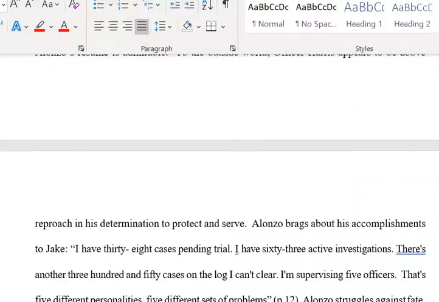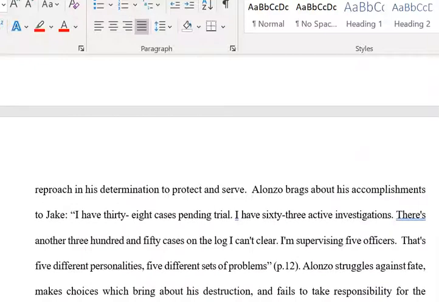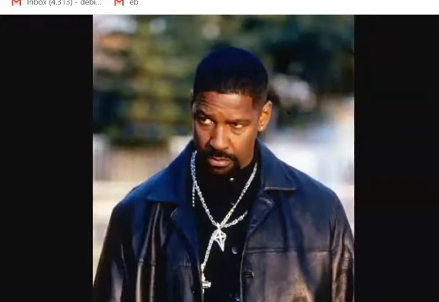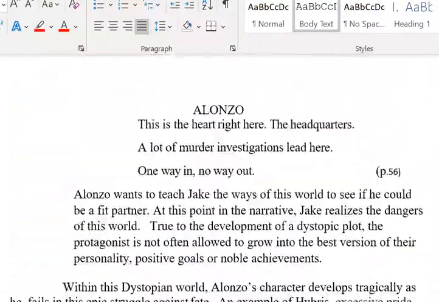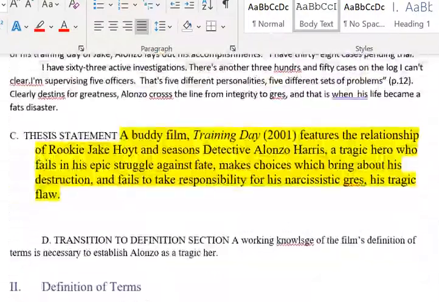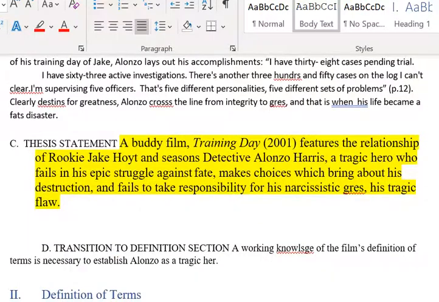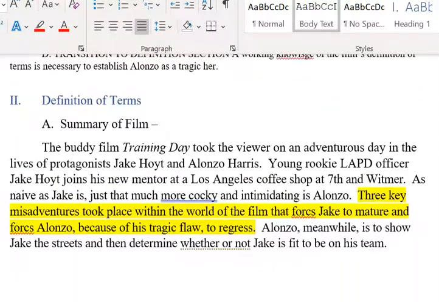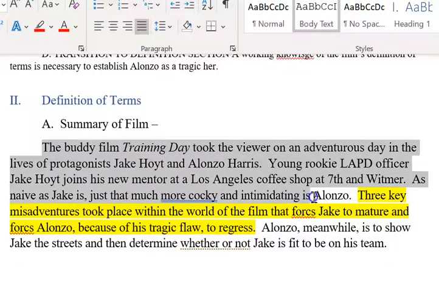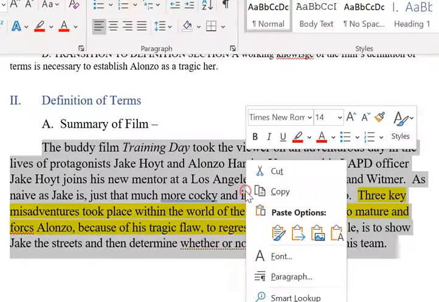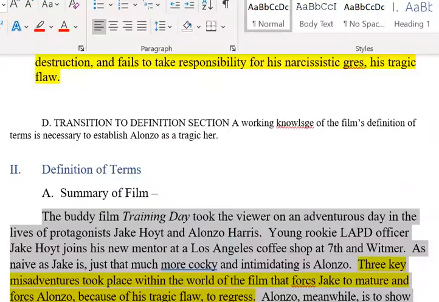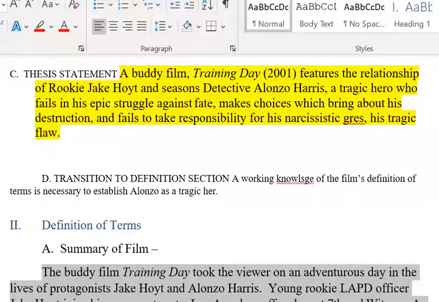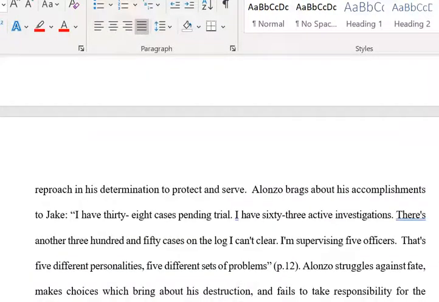Real nice. Now we just go back to the outline. We'll still be able to see where we just were. Okay, and now we have the first paragraph of the definition of terms. So copy this. Okay, go back to the essay.